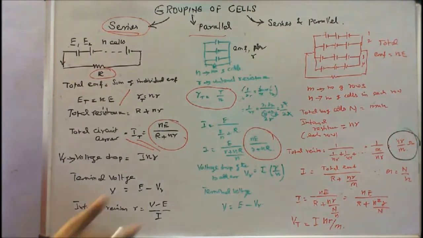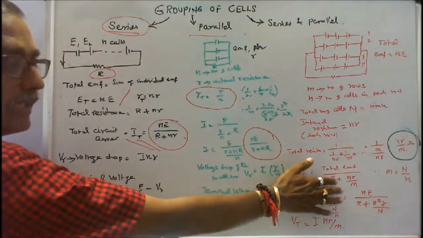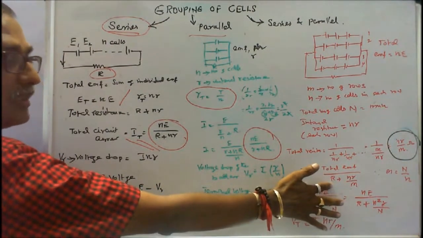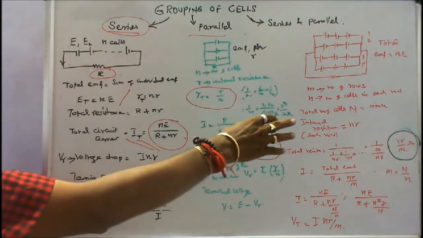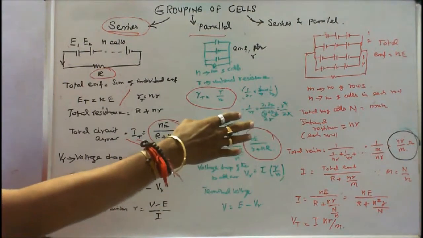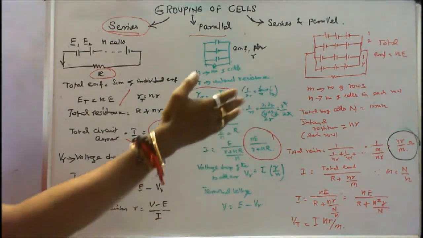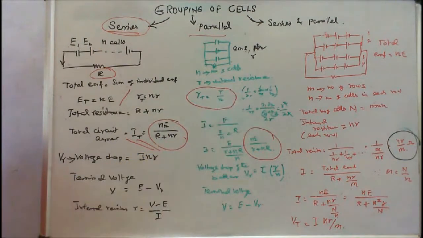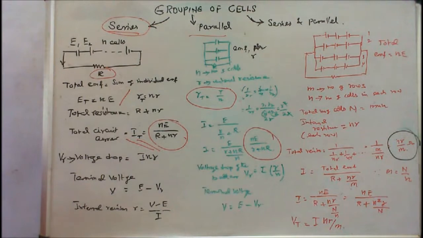Therefore, I can find the current. I is equal to total EMF divided by R plus n into r by m, where R is the load resistance. I know that the total number of cells, capital N, is equal to m into n, where m is the number of rows and n is the number of cells in each row. Therefore, m is equal to capital N by small n. I simply substitute in the formula.